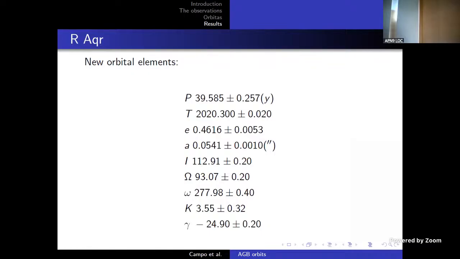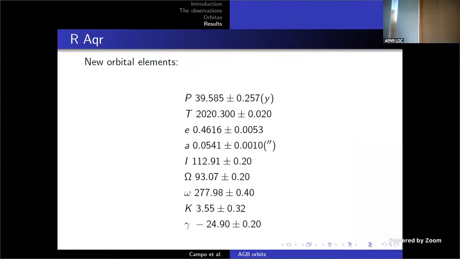So we have 110 in the inclination, around 90 in the angle of the node. So the less coverage of the orbit you have, the more it will change when you have new data points. But certainly, if you calculate a new orbit using new data points, you will get different values.